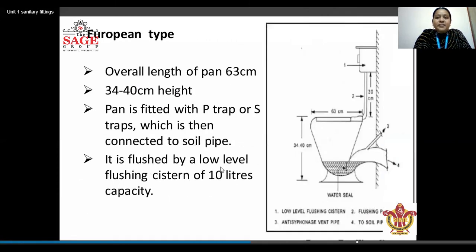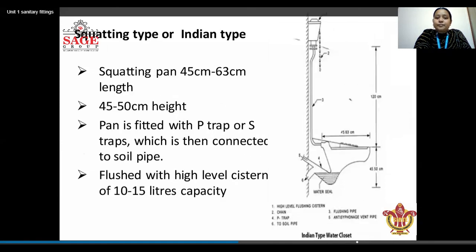That is the European system. In the European system, we have previously discussed what the simple siphon action is. It starts in this pipe, and there is the clogging of water. Overall length is 63 centimeter, 34 by 40 centimeter height. You have to compare all these types.